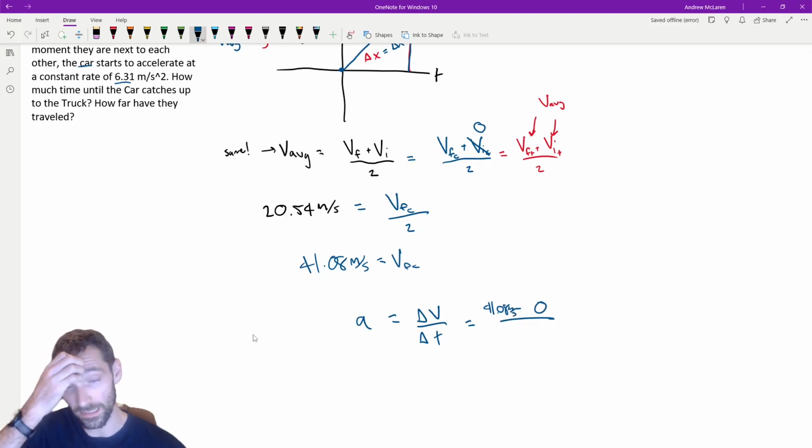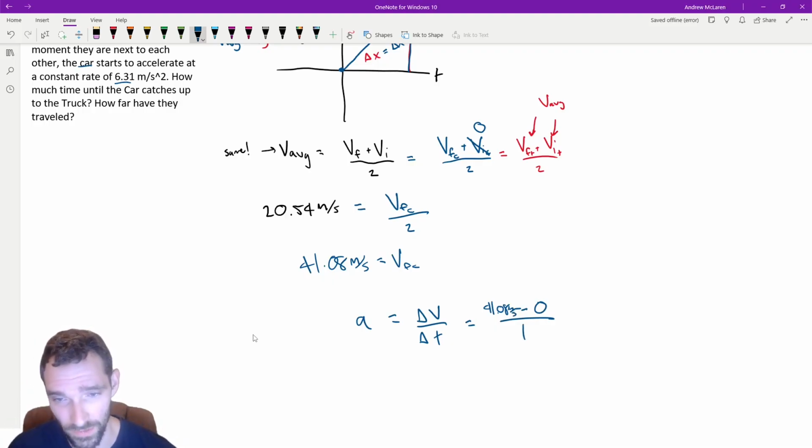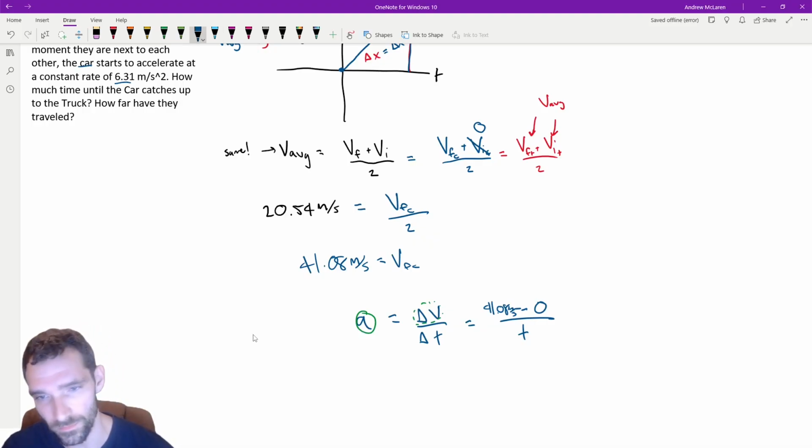And it does that in a given amount of time, so we're just going to call that t. We do actually have acceleration right here, and this is something that's pretty easy for us to get from our earlier calculation. So the acceleration value that we had was a positive 6.31 meters per second.